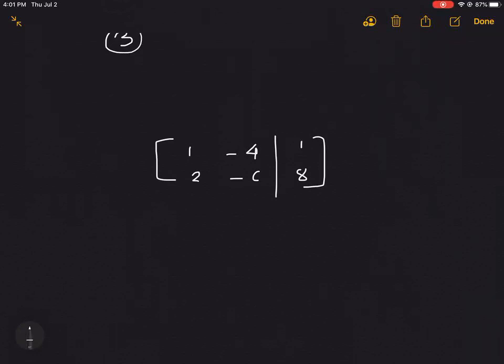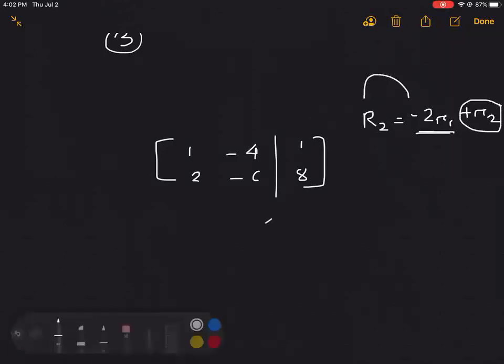So if I do this row operation, -2 R1 plus R2, that means I'll first multiply row 1 by -2, and then I'll add row 2 with that, and I'll replace the new values in the second row.